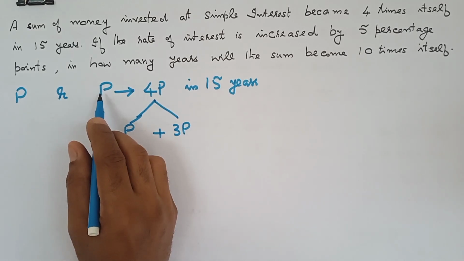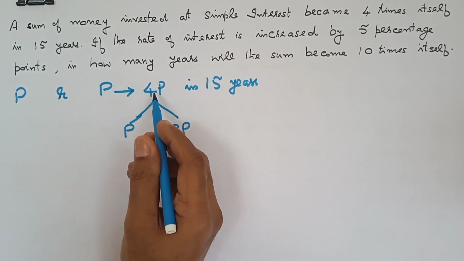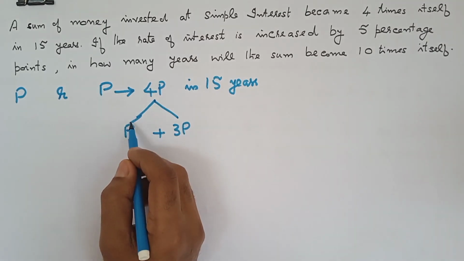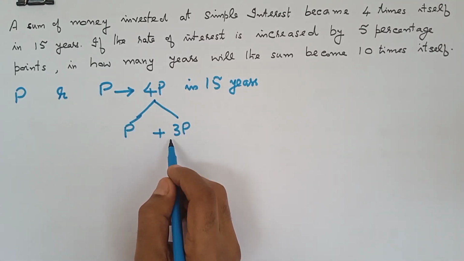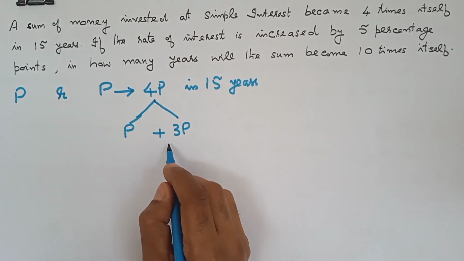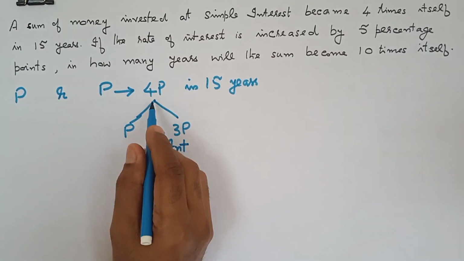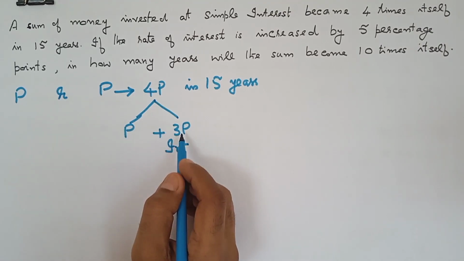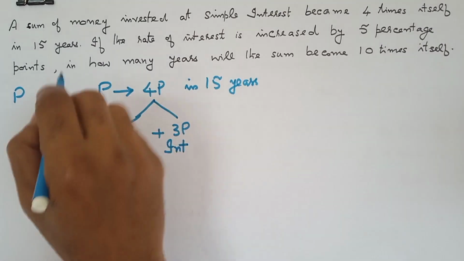See, you had invested P. After 15 years you are getting back 4P. Out of 4P, P is the money you had invested. So what will be this 3P? The remaining part of the money that comes to you will be nothing but interest. So if you divide 4P into P and 3P, 3P will be the interest accrued on this P.